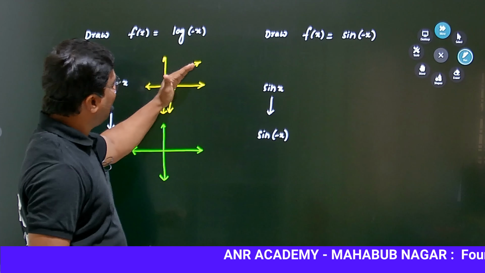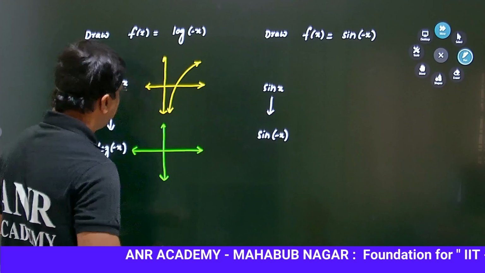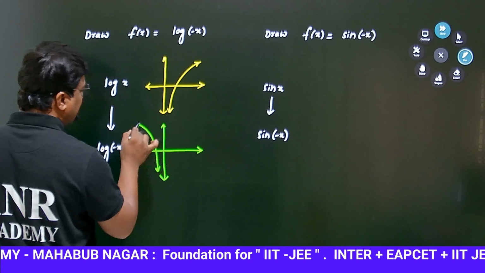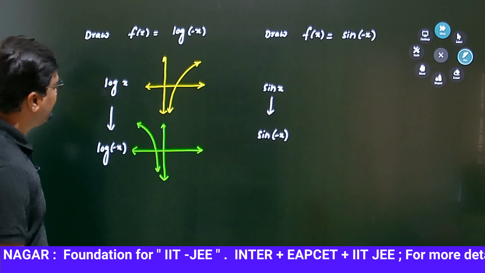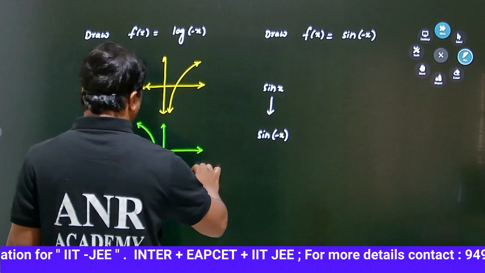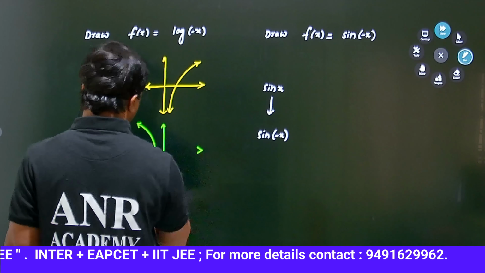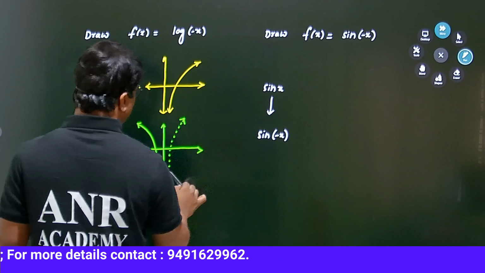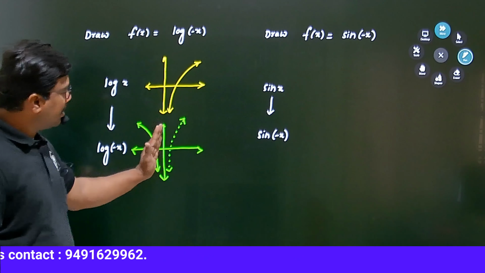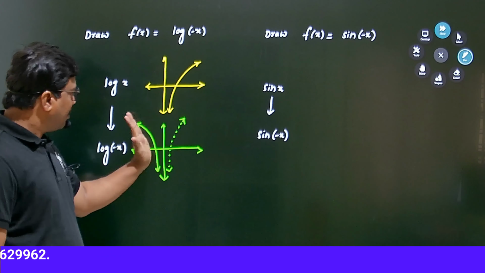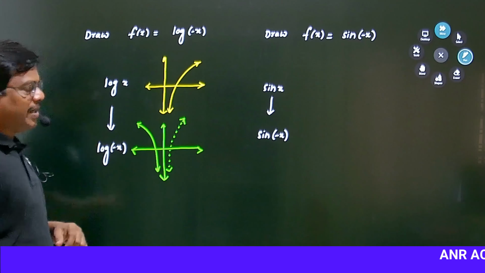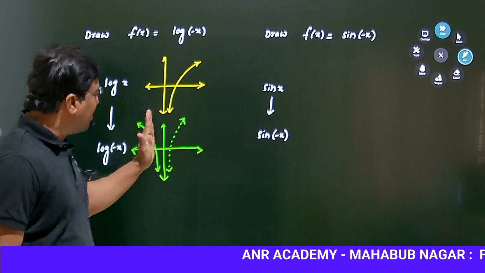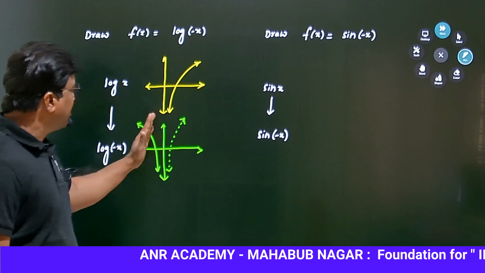Now f of minus x means you have to draw the symmetric graph about the y-axis, and this is the final output. Previously you had the graph like this. A symmetric graph about the y-axis means the same graph appears here. This is log of minus x. Just by drawing the symmetric graph about the y-axis, you will reach the solution.